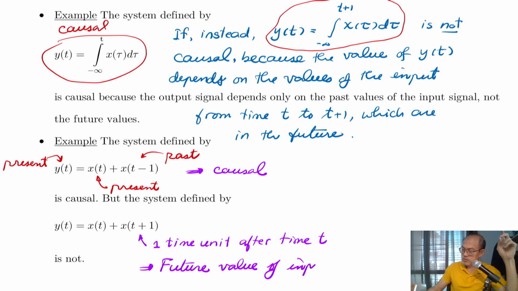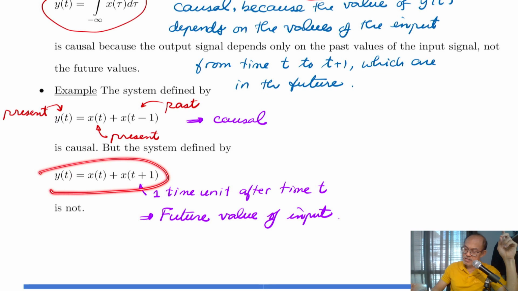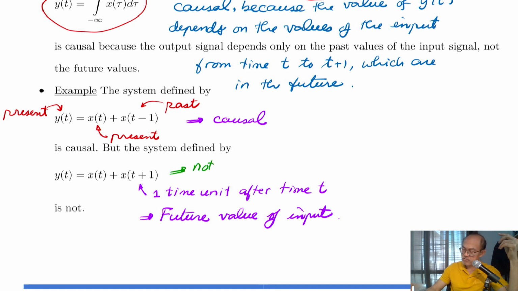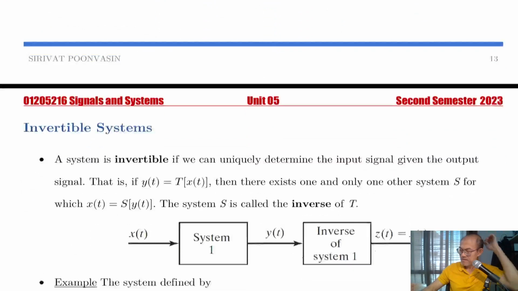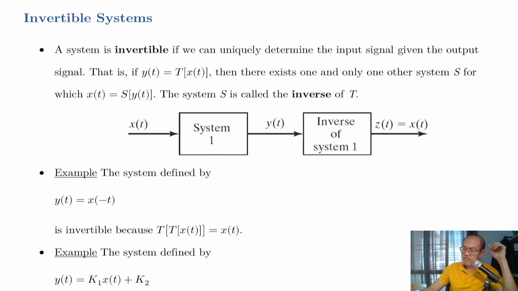The present value of the output depends on the future value of the input, so the system defined by this equation will not be causal, because it depends on the future value. This is the concept of causality.